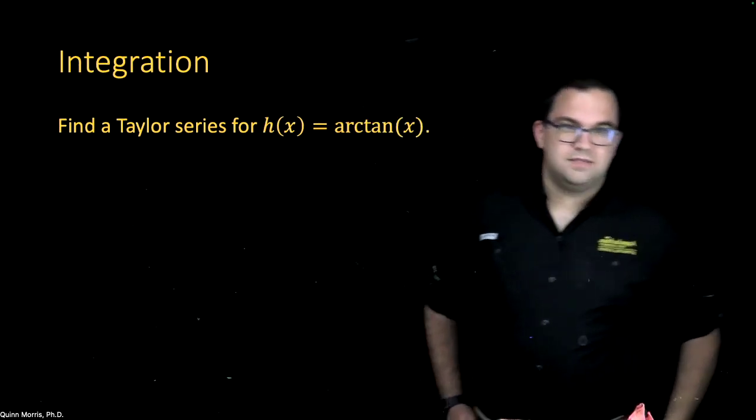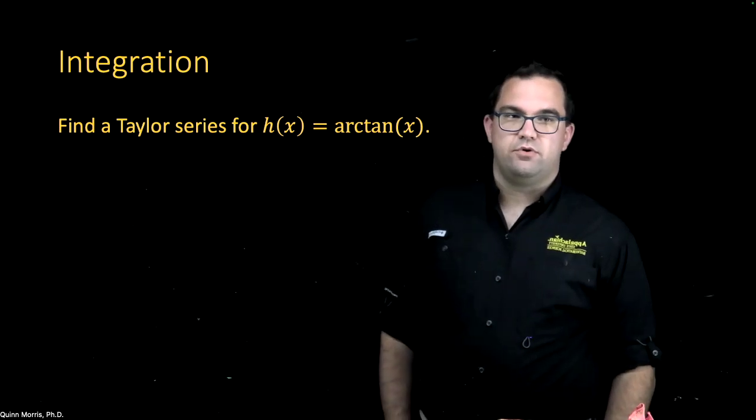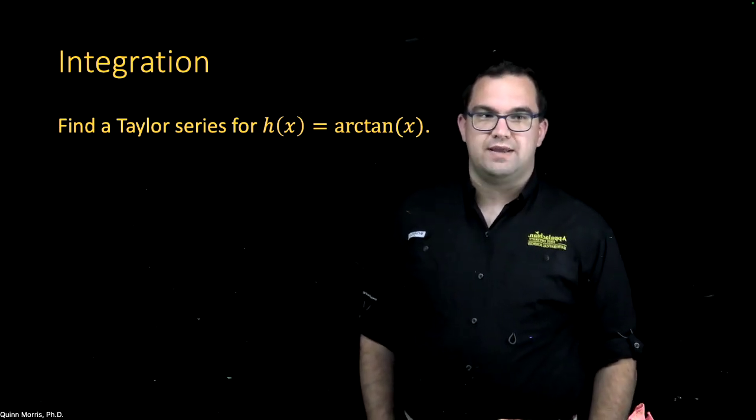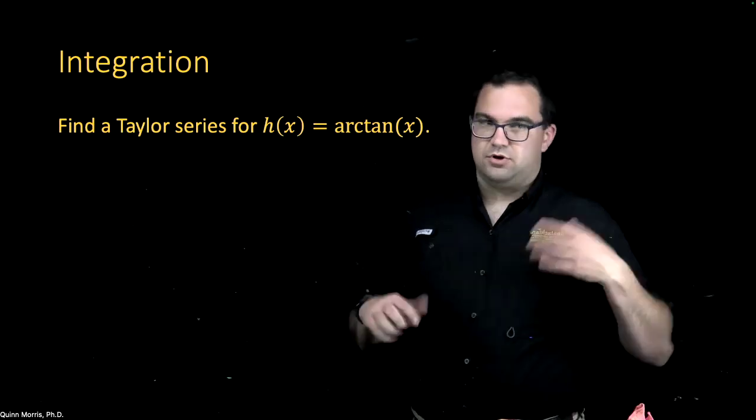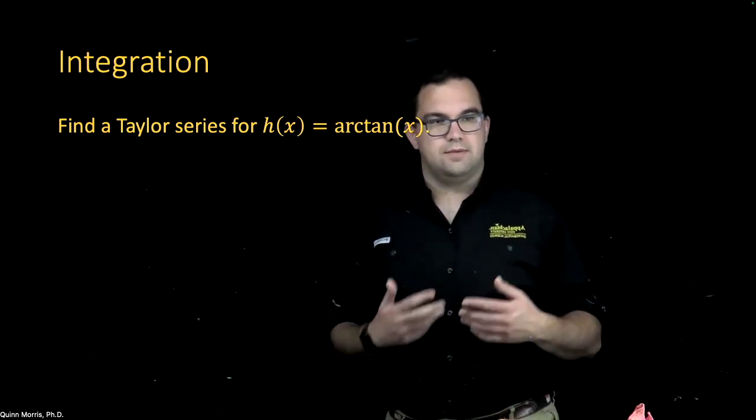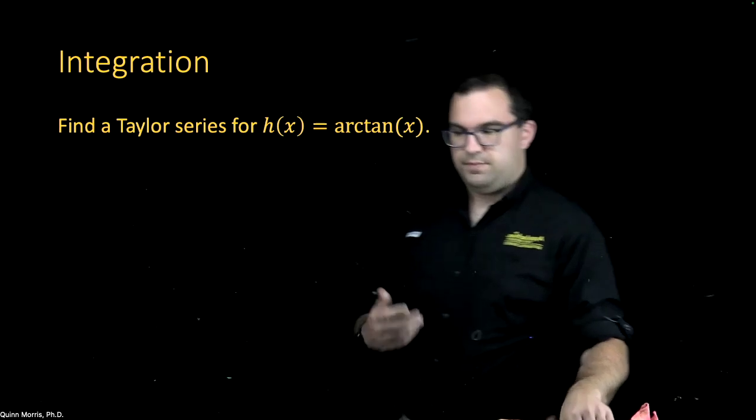So imagine you were asked to find a Taylor series for the function h of x equals arctangent of x. Now again, you can start trying to write out derivatives of various orders, and you can go back to the definition.